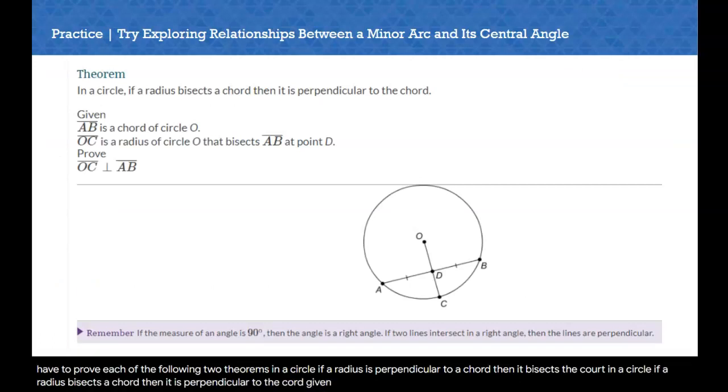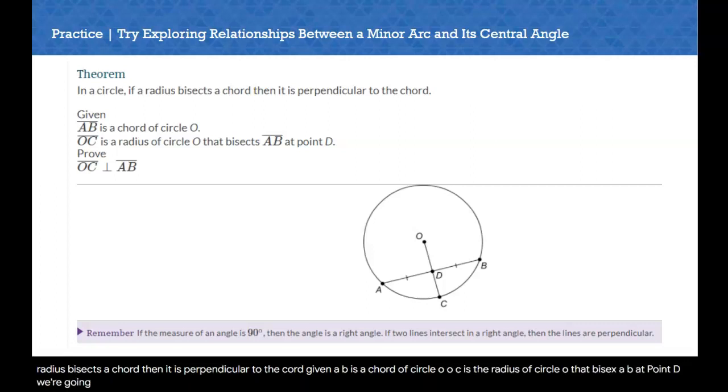Given: AB is a chord of circle O, and OC is the radius of circle O that bisects AB at point D. We're going to prove that OC is perpendicular to AB. Remember, if the measure of an angle is 90 degrees, then the angle is a right angle.